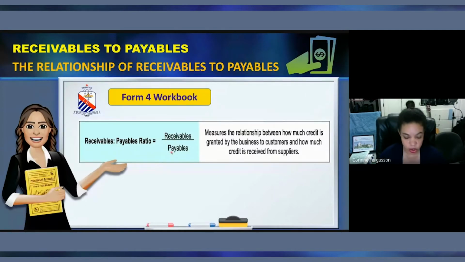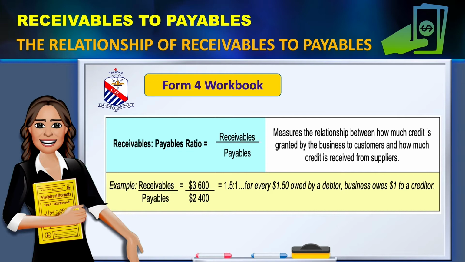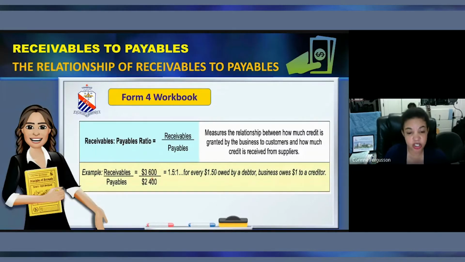You just plug in those two figures. So in our example, the receivable was 3,600. You put that over the 2,400 and the answer you get is 1.5. And in this case, we are not expressing it in terms of days. It's a ratio. It is the receivables to payables ratio.